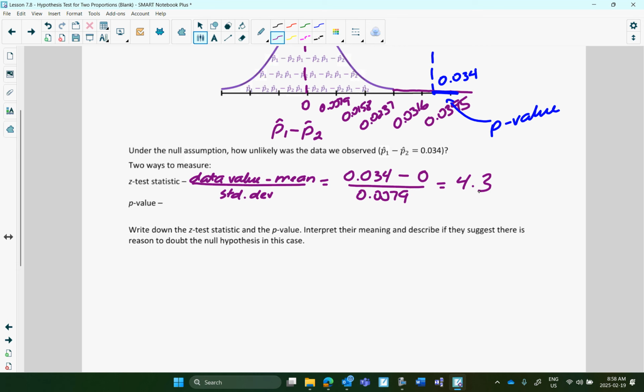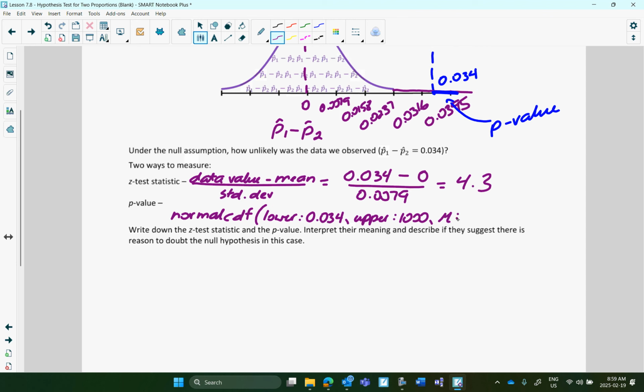And then the p-value, and again, remember, I'm talking about the longhand way of doing it. How do we find the probability of getting this or greater? That's when we use normal CDF. So normal CDF, our lower boundary is 0.034. Our upper boundary is a ridiculously high number, so let's put 1,000.